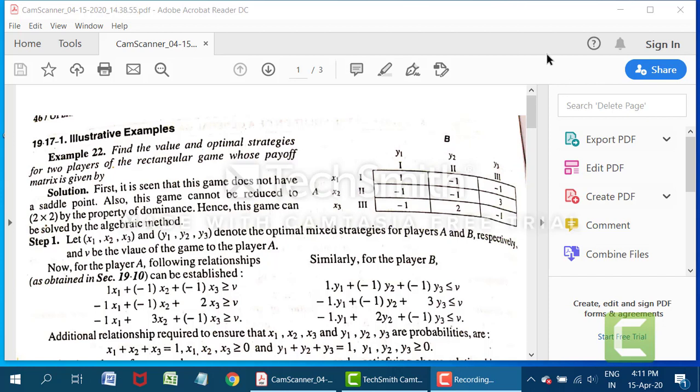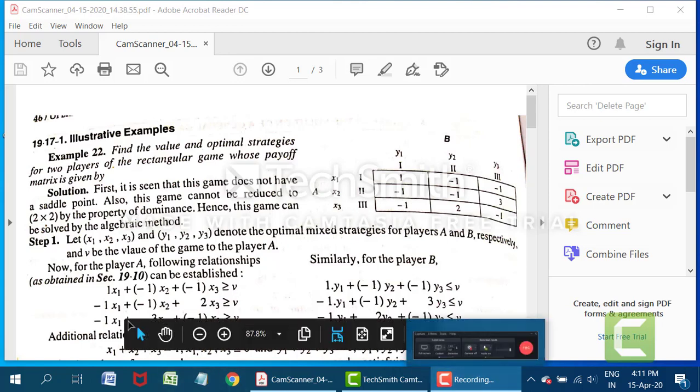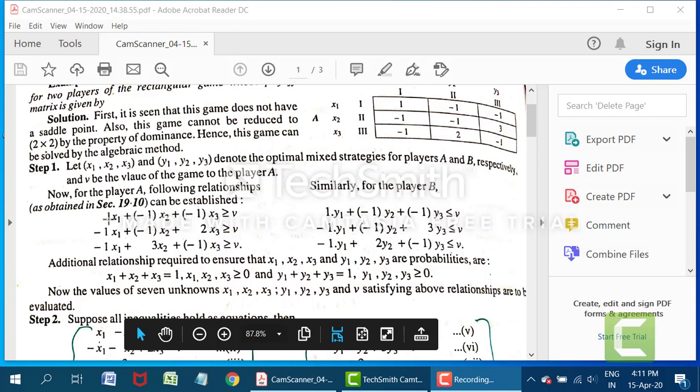Now, if B plays with the first strategy, what will be the expected payoff to the player A? This payoff element into probability x1 plus this payoff element into probability x2 plus this payoff element into the probability with which he is going to play this strategy. So 1 into x1 plus minus 1 into x2 plus minus 1 into x3.